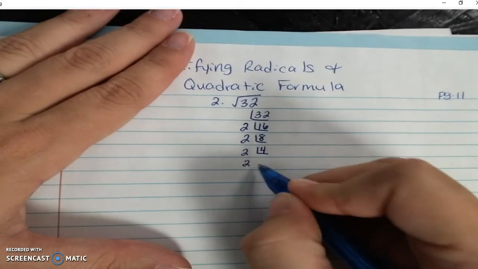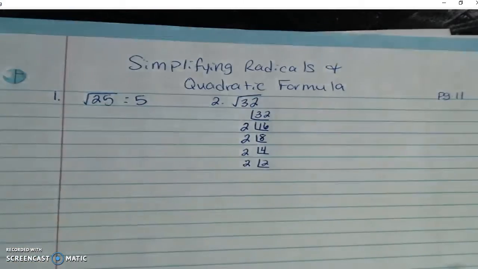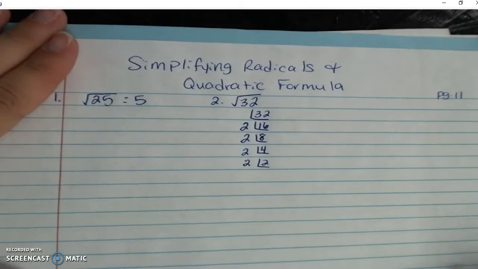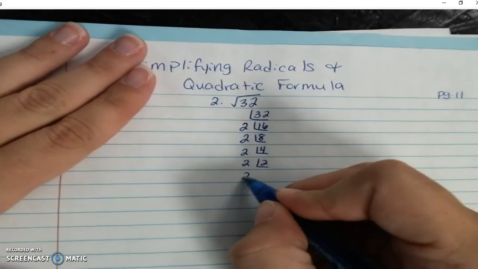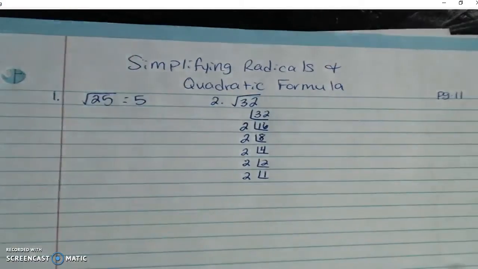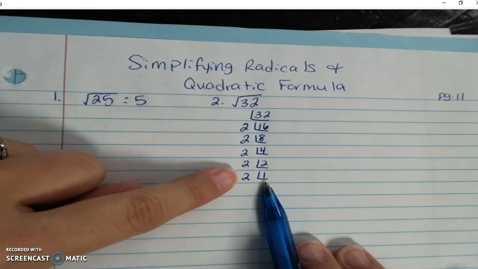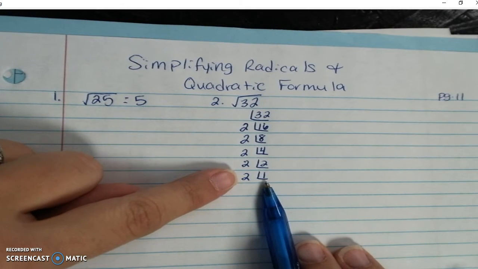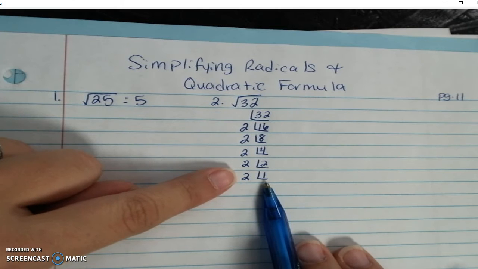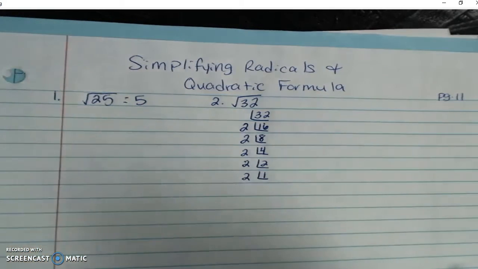Yeah. How many times? 2. Does 2 go into itself? Yes. 1 time. Okay. So your goal is to bring out all prime numbers and for that last little block to be a 1. Any questions? And we'll do one with more than just 2 in a second.